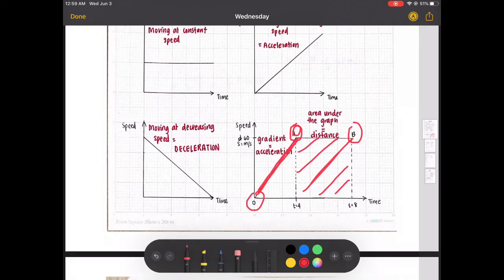If you find the area under the graph for this part only, then you're only finding from point A to point B. If you want the whole distance from point O to point B, you will have to find the area for the whole graph, which means you find the area for this part first, then add the area for this part of the graph to find the total area.